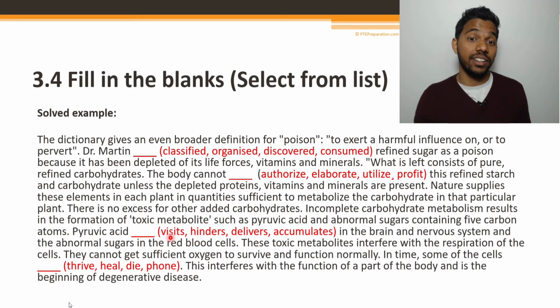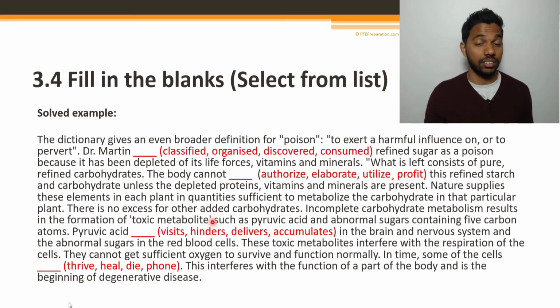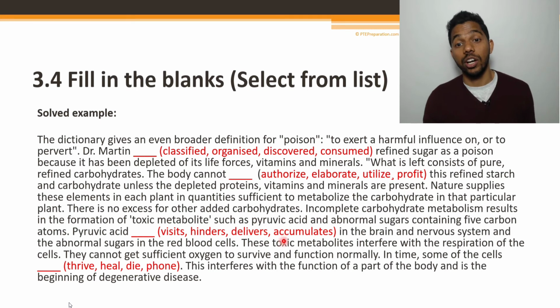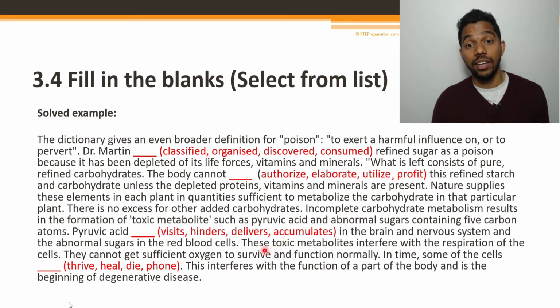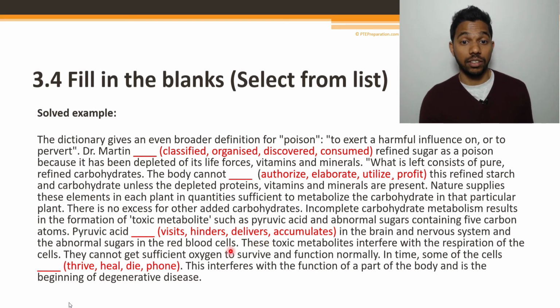Visits in the brain, you typically do not say, like I visit the zoo, or I visited the office. I do not say I visit in the office or in the brain. So that's just grammatically incorrect. Hinders in the brain as well. It's not grammatically correct. Delivers could be possible. It could be accumulates, but accumulates is a more appropriate option here given the context.